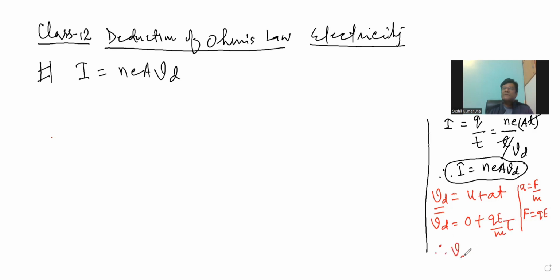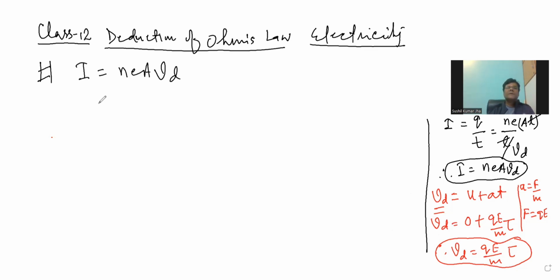Therefore, we get a formula Vd as QE upon m into tau. Tau is called average relaxation time, the time between two successive collisions of electrons. Time between two successive collisions of electrons is called relaxation time, tau.